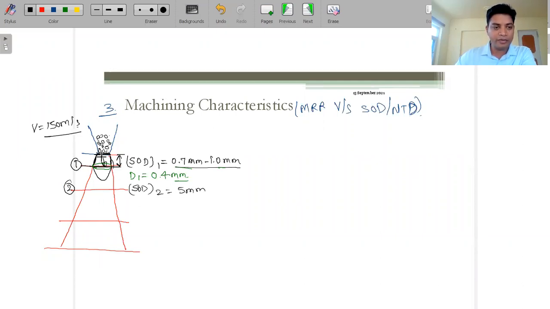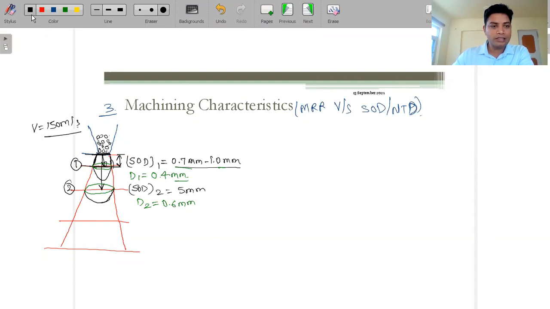When you see the shape of this semi-sphere, it will look like this. Obviously you can see that from the first to the second, the diameter increases. This diameter will be equal to 0.6 mm.